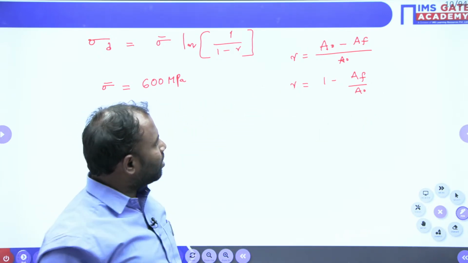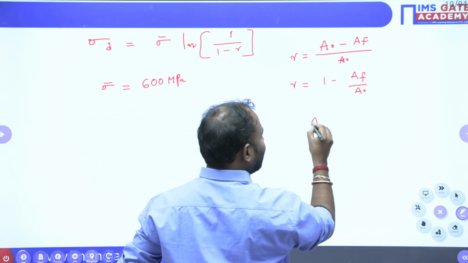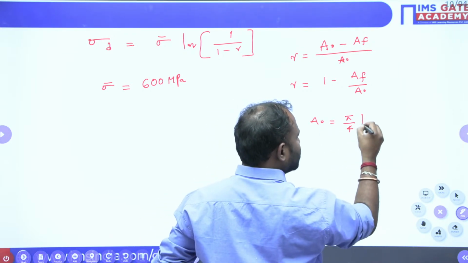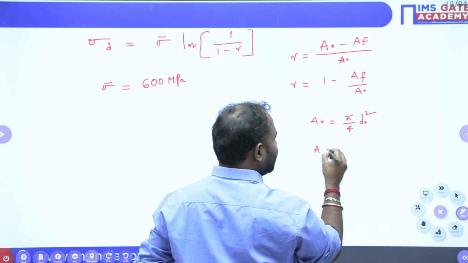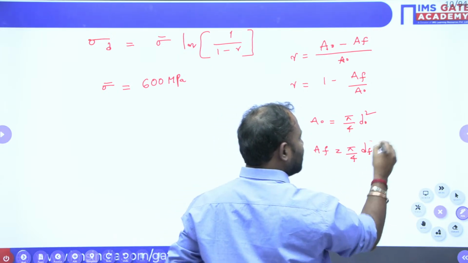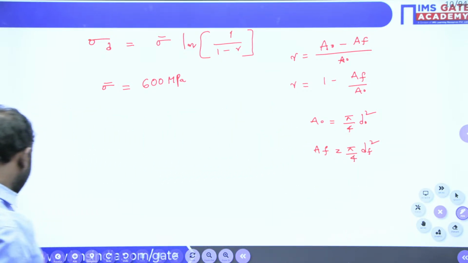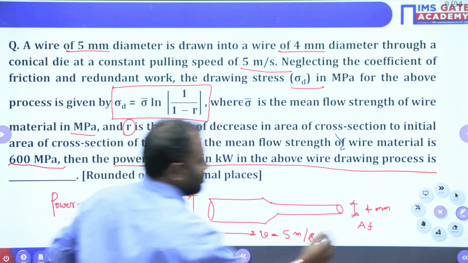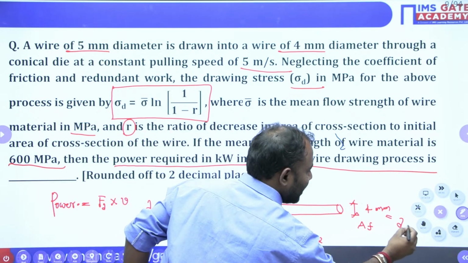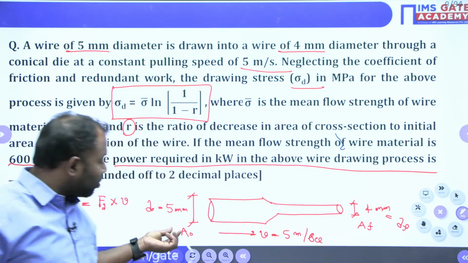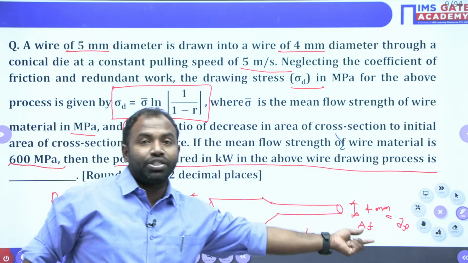Now what are A0 and AF? A0 equals pi by 4 D0 square, and AF equals pi by 4 DF square, where D0 is the initial diameter and DF is the final diameter of the wire.